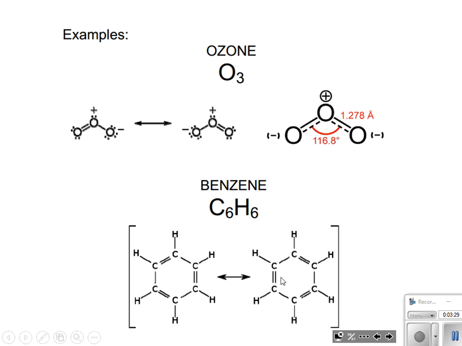We cannot draw just one single structure to represent those because they're in resonance. Notice the double-headed arrow also. Notice the double-headed arrow that we can see that is representing resonance. Okay, so benzene is yet another common one. And I'll give you a couple of seconds if you're writing down benzene.